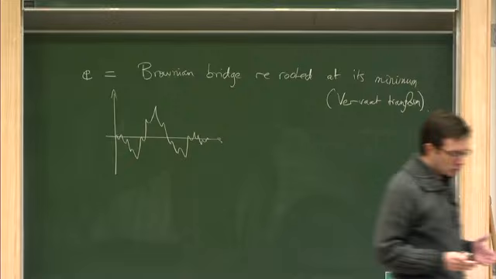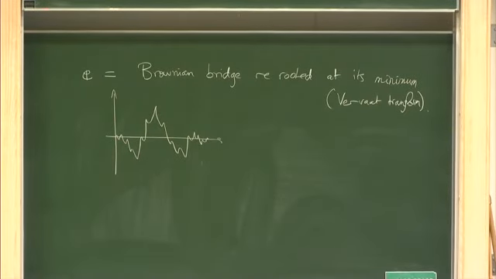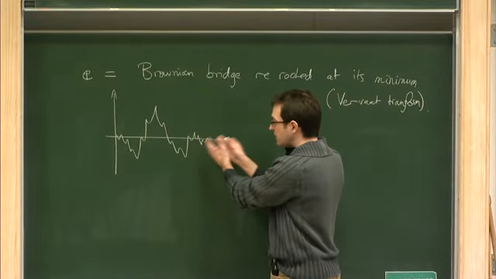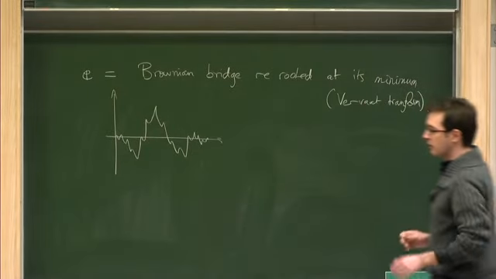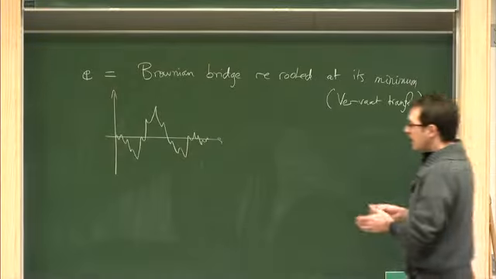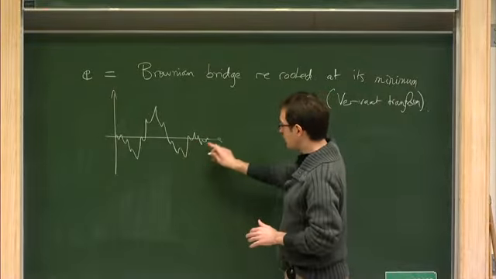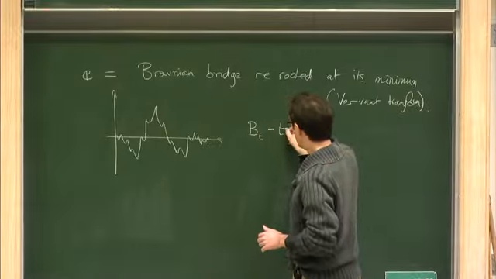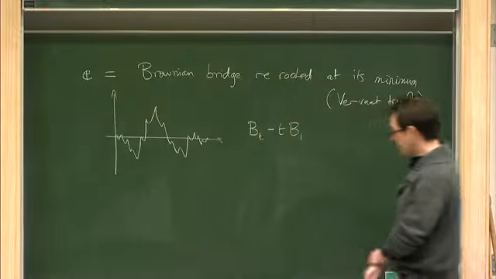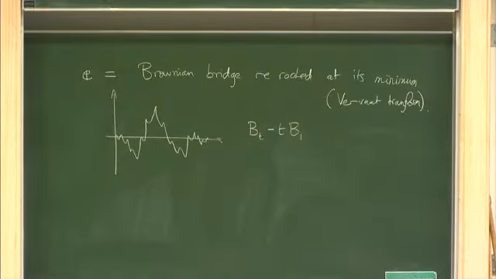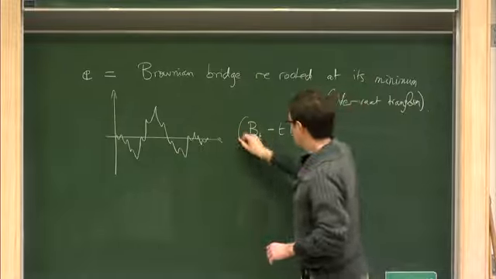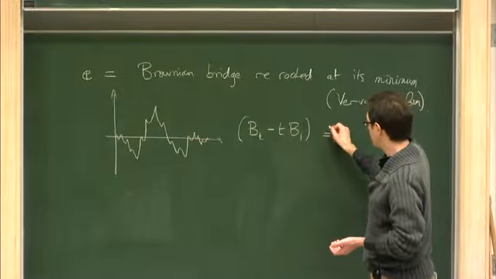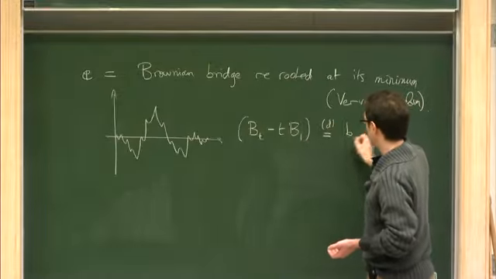It's a Brownian motion conditioned to be at 0 at time 1. It's again a singular conditioning, but this one is not as bad as the conditioning for E. There are very concrete representations for this process. For instance, you can take Brownian motion and compensate it by a linear drift so that it's equal to 0 at time 1. You just subtract t times b1, and that has the same distribution as the Brownian bridge b.